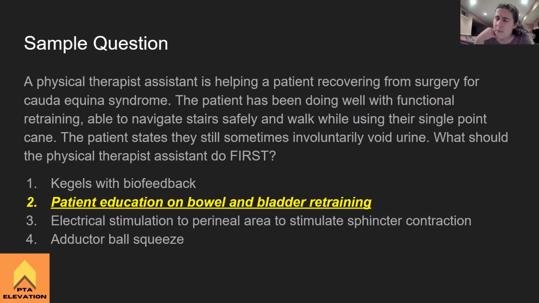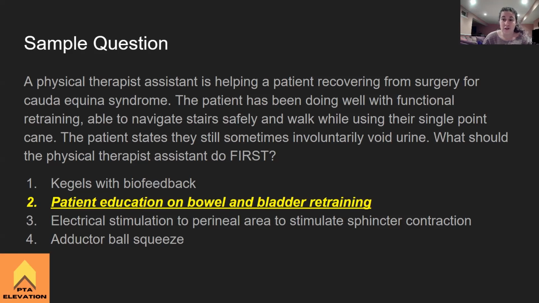And you're like, well, how about we work on some step ups today? I think that would be good to work on some strength. Oh yeah, sounds good. Same kind of thing when it comes to this. You're not just going to all of a sudden go in there and start Kegels with biofeedback. Remember, if we just slap things on a patient, their pants are down. What are we doing? So we want to make sure before we do anything, we educate them on what's going on, because patient education is the most important thing for the patient.